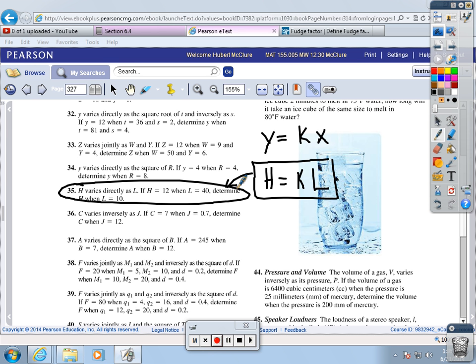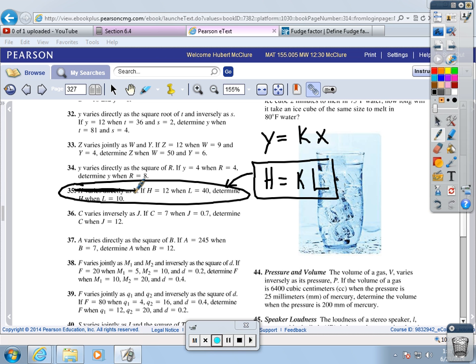They will ask for the variation. That's what they'll say. What is the variation? This is your variation for this question, right here. They'll say find the variation for the following problem. There it is. H is equal to K times L. Now, so far we've done this. So let's mark this out.